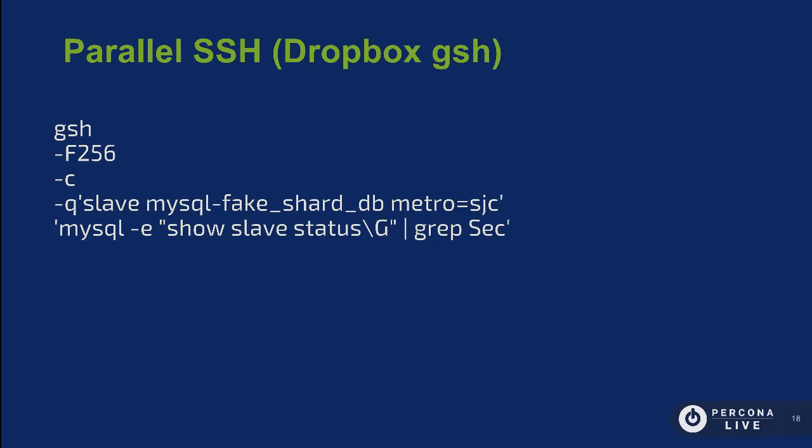In this example, I would be checking to see if any of my replicas have fallen behind, so I get how many seconds they are behind master out of my show slave status across what could be, in this case, I've got it set up to run up to 256 parallel executions based on how many fit this criteria of our fake shard system within our SJC metro.